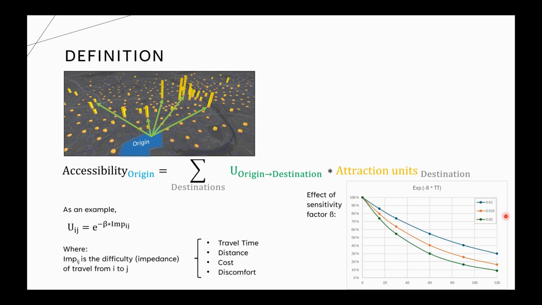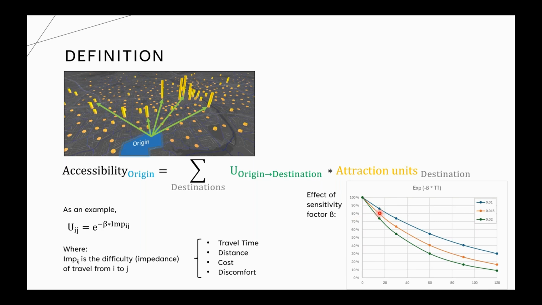In this graph, we can see how the utility function changes our results, or basically how it works. If we consider the orange line with the beta factor of 0.015 to interpret the results, we can see with a trip of 15 minutes, 80% of the people will accept this trip as desirable.